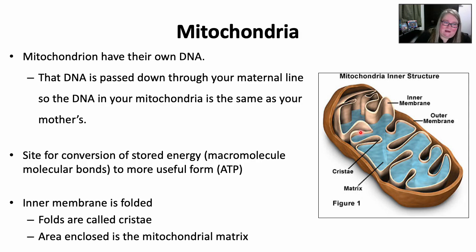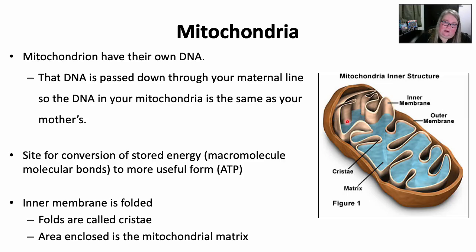Okay, this inner membrane is folded. Okay, the folds are called the cristae. This inner membrane is what is going to convert glucose into ATP. Okay, and it's going to use this intermembrane space in between the inner and outer membranes to do that.